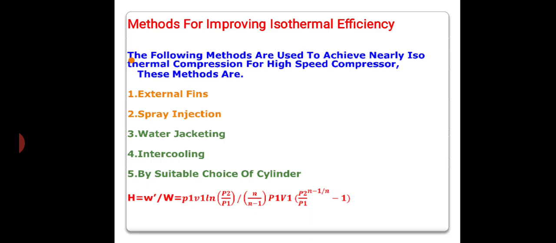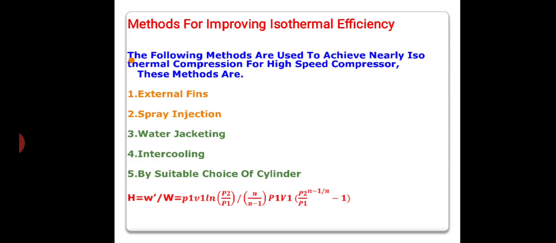Then spraying injection we are providing, the perfect intercooling, then water jacketing we are providing, intercooling we are going to provide, and a suitable choice of the cylinder.